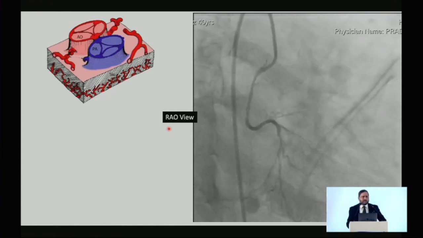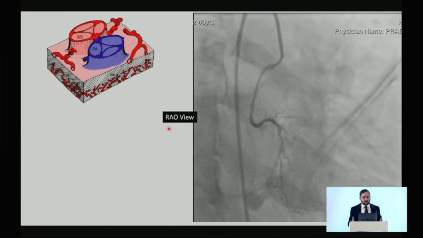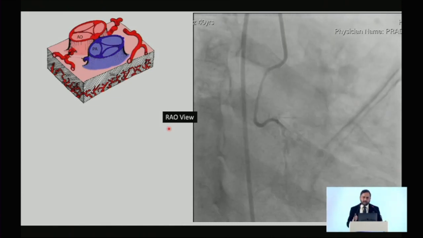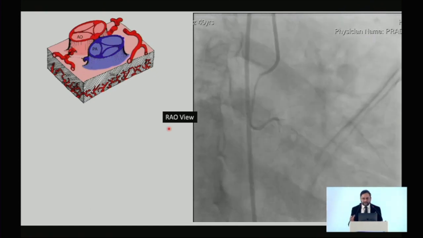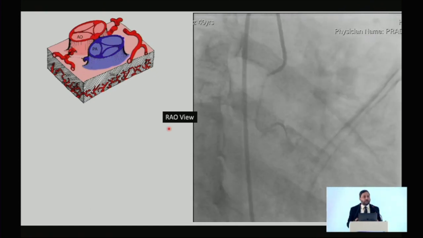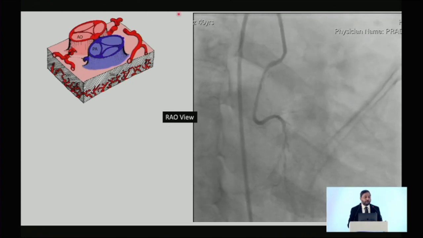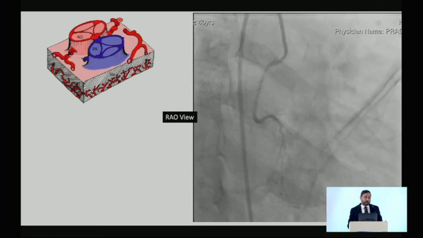So let me then ask you, what can be the various possible courses of this anomalous circumflex coming out of the right sinus? Whenever we say possible courses, we have multiple things cropping up in our mind. But always remember from embryology, the stem of the circumflex is here. The arteries cannot cross each other.